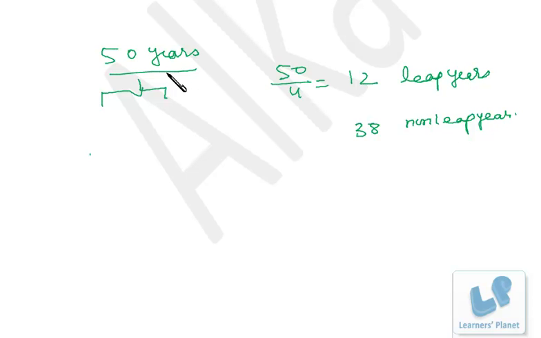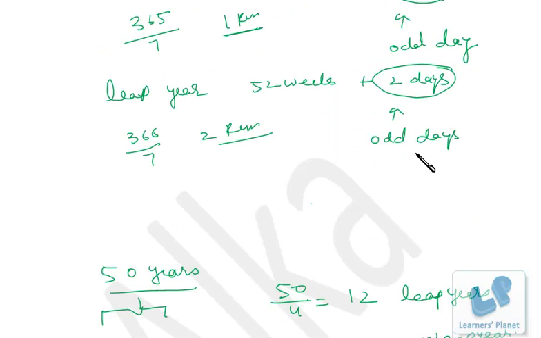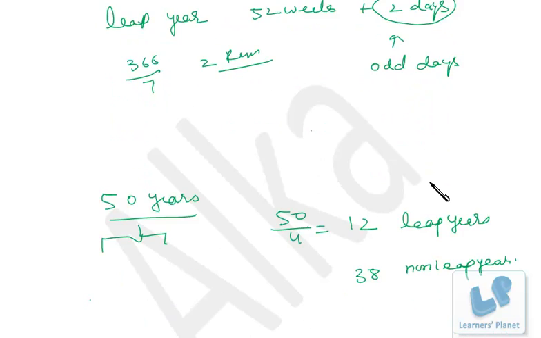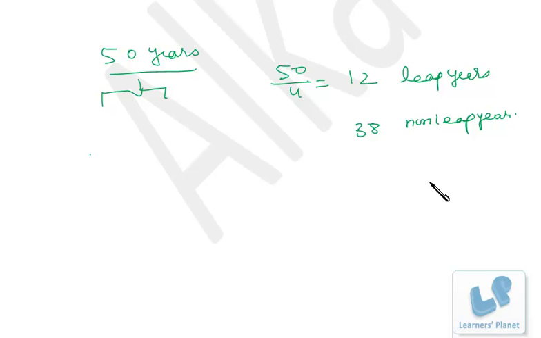Right? Now I have to calculate the odd days in these 50 years. We have already discussed that every ordinary year has one odd day, and every leap year has two odd days, right? So the same thing I'm going to use over here. Every leap year has two odd days. So 12 into 2, 24. And 24 odd days, that means if we divide it by 7, the remainder will be 3.